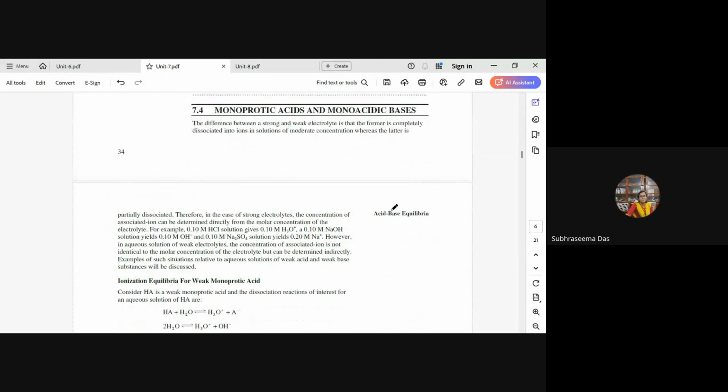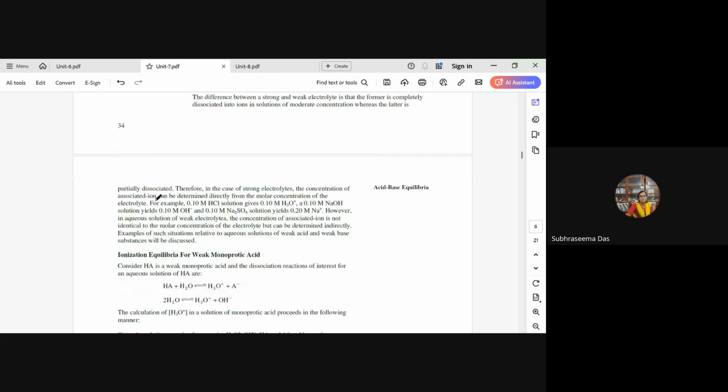Then coming to monoprotic acids and monoacidic bases. The difference between a strong electrolyte and a weak electrolyte is that a strong electrolyte undergoes complete dissociation, whereas a weak electrolyte undergoes partial dissociation. Therefore, in the case of strong electrolytes, the concentration of dissociated ion can be determined directly from the molar concentration of the electrolyte.